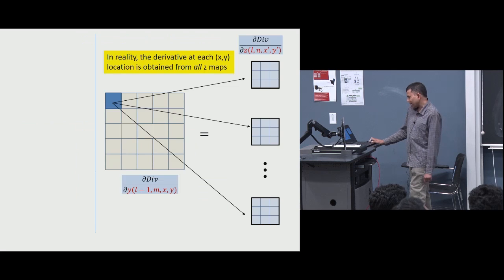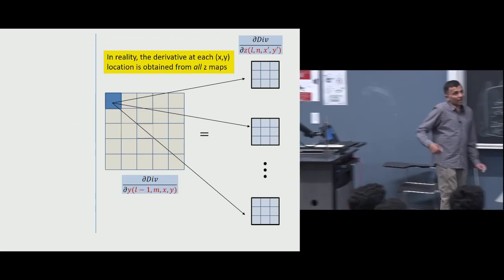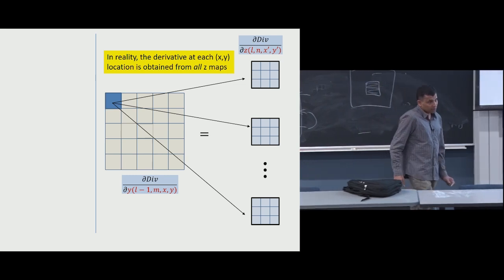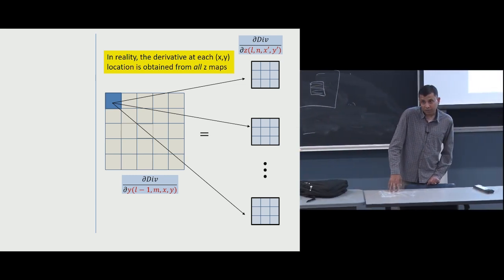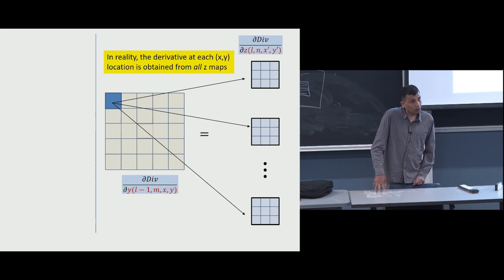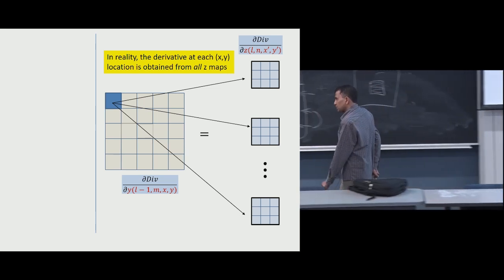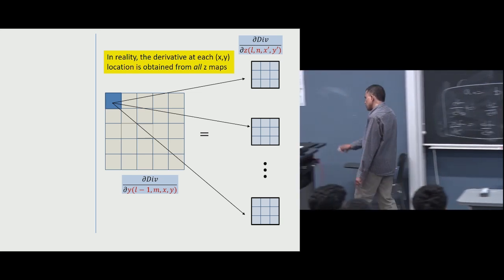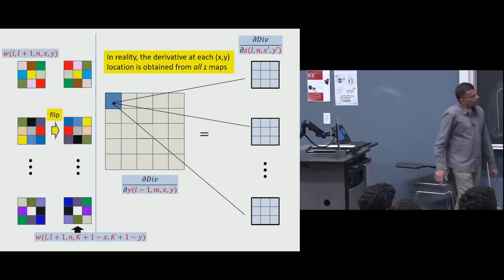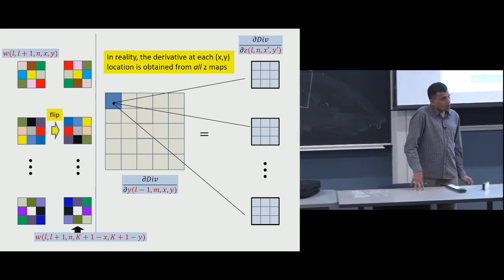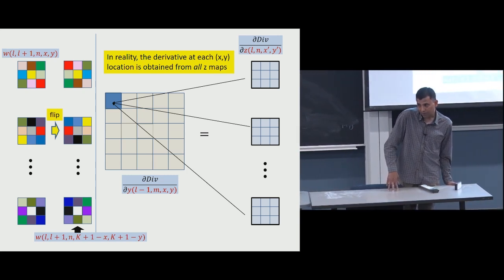Now I've shown you only one map. In reality, each location in y contributes to all of the maps. So you'd actually have to be computing derivatives with respect to all of the maps. And in order to do that, here's what you would do. Let's say this is your filter. The filter has several planes, one per y map, right?